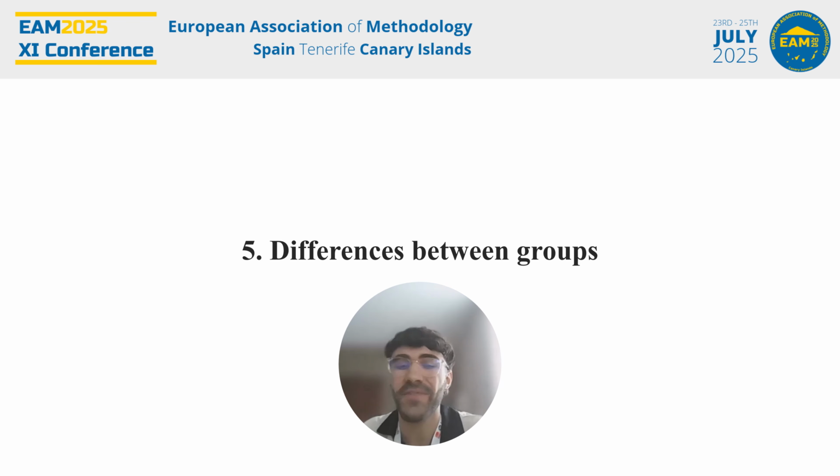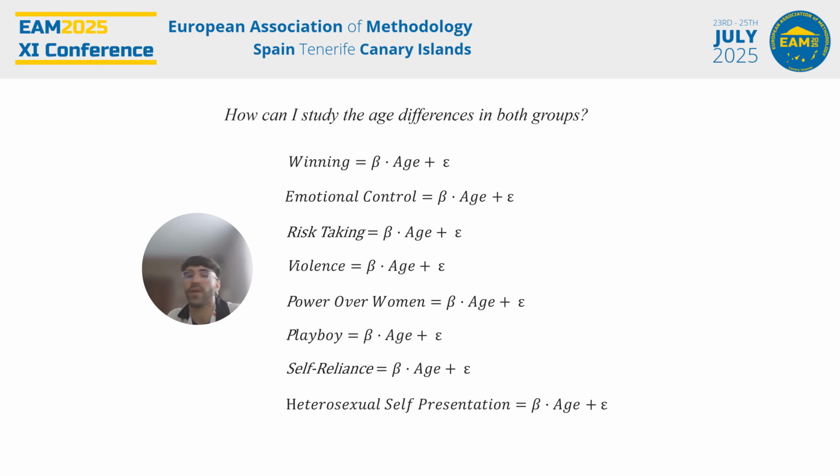5. Differences between groups. The test is psychometrically sound and the group comparisons are meaningful. We proceeded to quantify the differences between groups. To do this, we ran one regression per factor, using each group as the independent variable and each latent factor as the dependent variable.